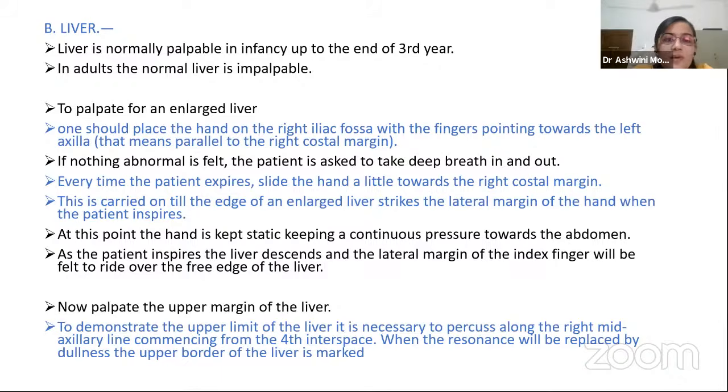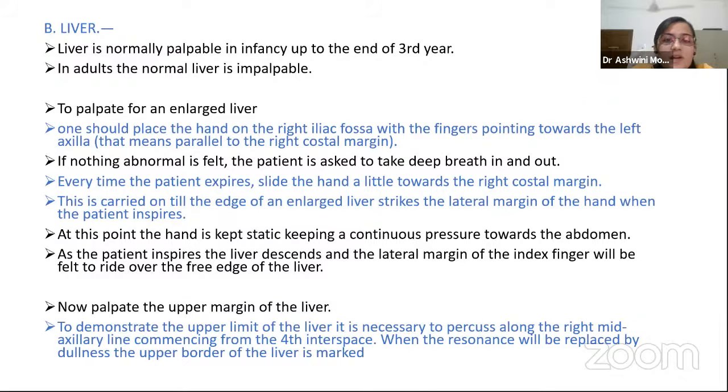That means parallel to the right costal margin. We have to move in each expiration and we have to palpate during the inspiration. So move towards the right costal margin from the RIF. If nothing abnormal is found or felt, the patient is asked to take a deep breath in and breathe out. That will help in the palpation.